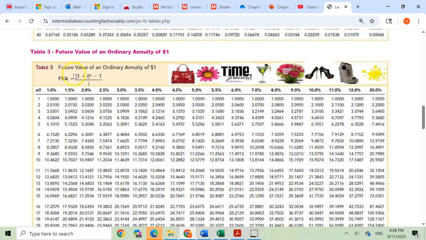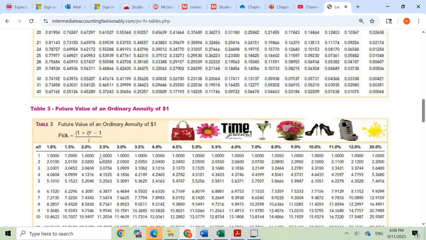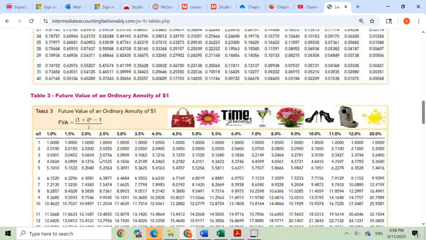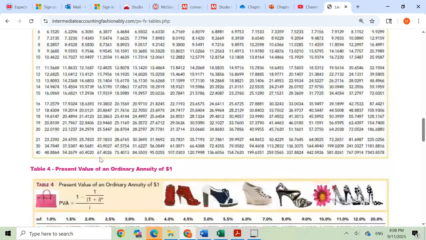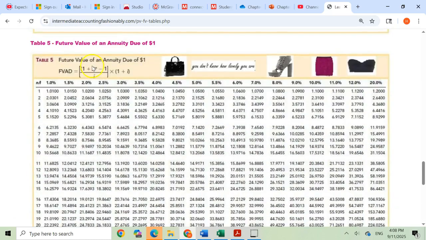So see, this is the future value of an ordinary annuity. That's not what we need. We need the future value of an annuity due. So this is not it, and I have to keep scrolling, and here it is.